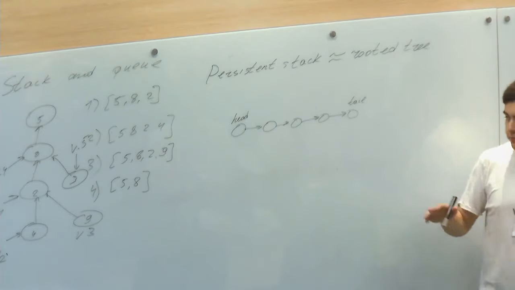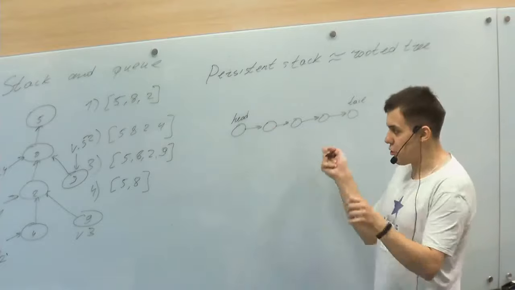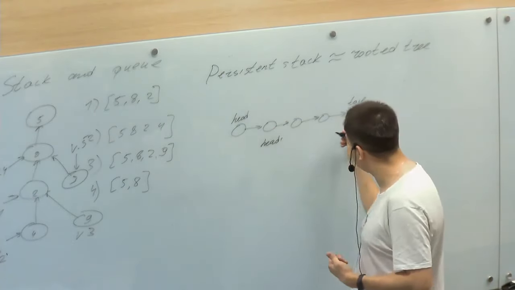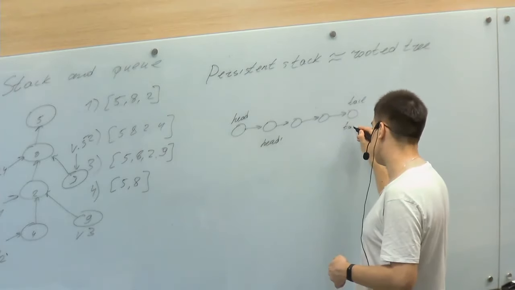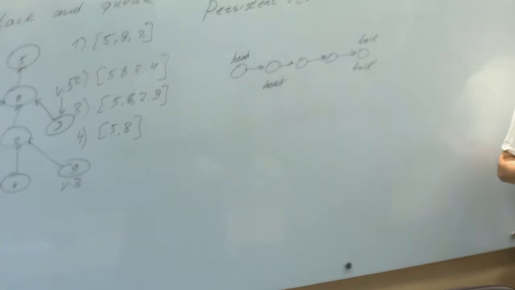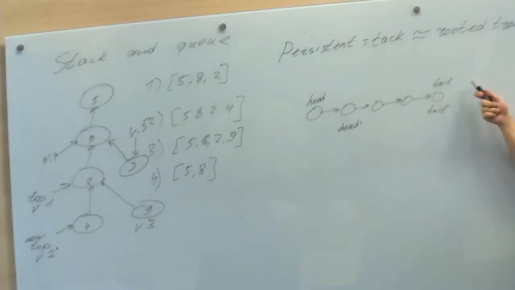And now, for example, to remove an element from the head, this is just a new pair of new head, head prime here, and tail prime here. So this will be the second version. But what if we want to add an element to the tail?